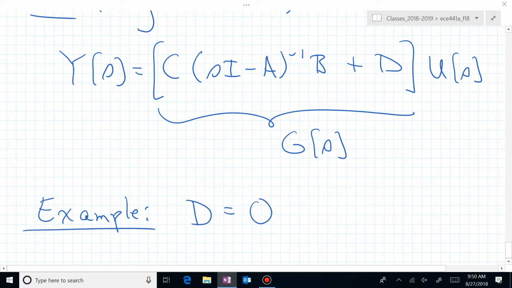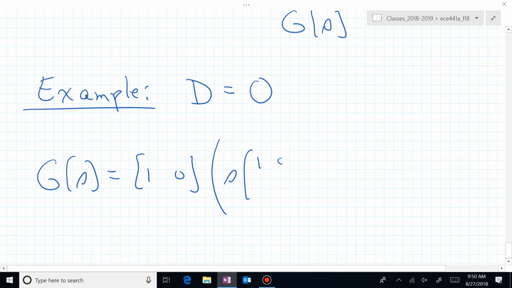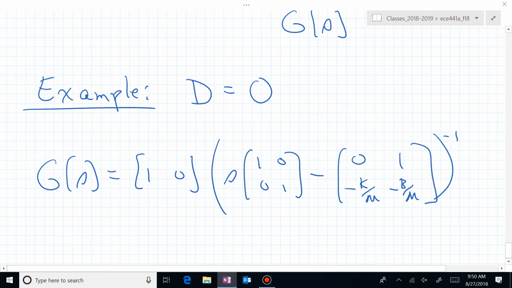That was 0, so that piece falls away. And we really end up with G of S is now C, 1, 0, times SI minus A, inverse times B.